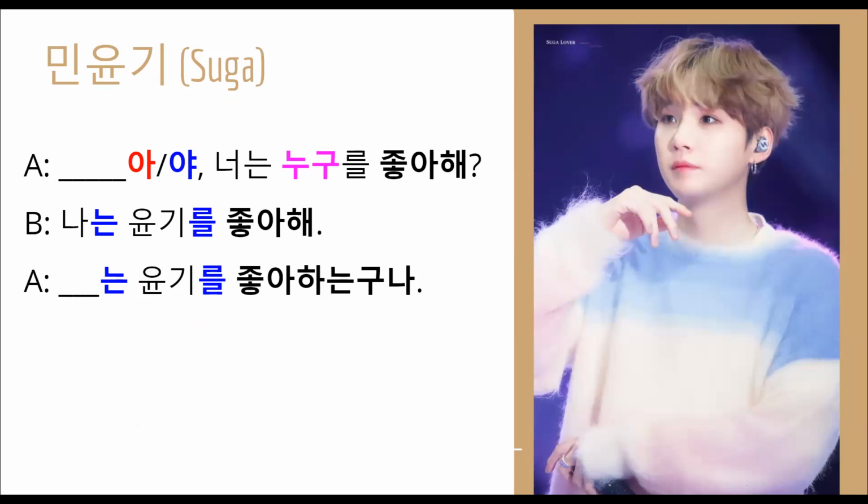So here we use my name. Of course, our names both end in a vowel. So we use 야 and 는. You can go ahead and put your name on it, and it may differ with if it's 아 or 야. So go ahead and place your name on it and try it.